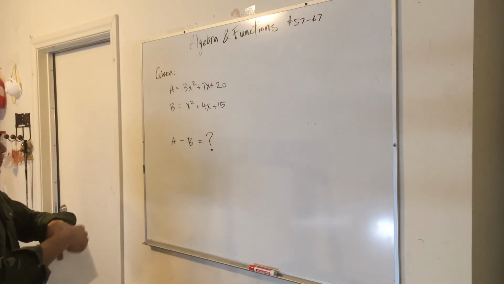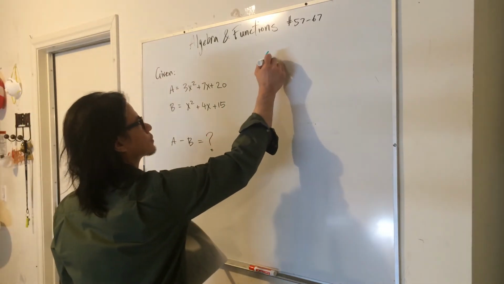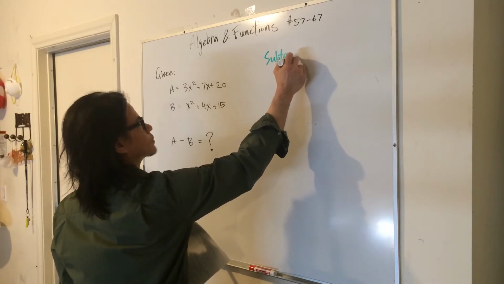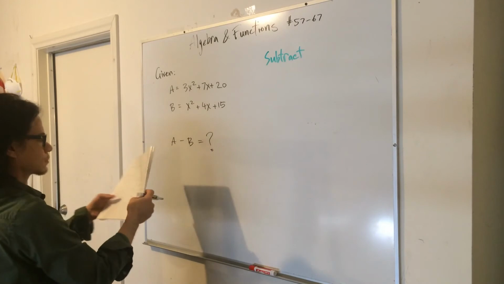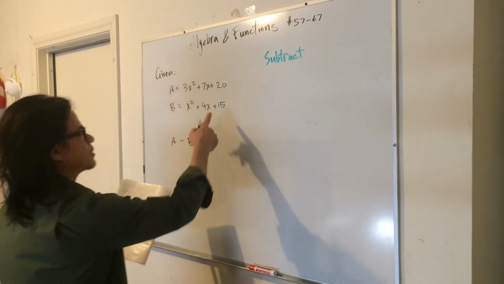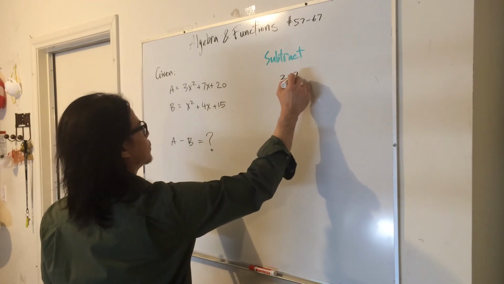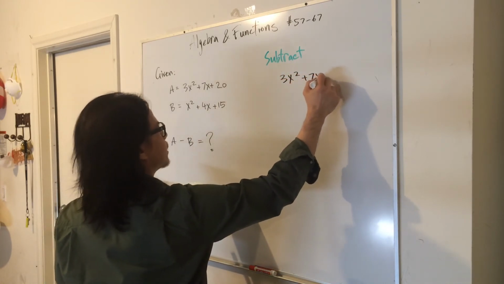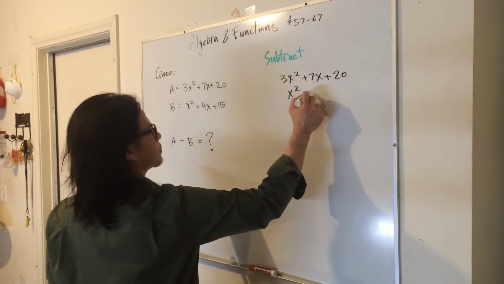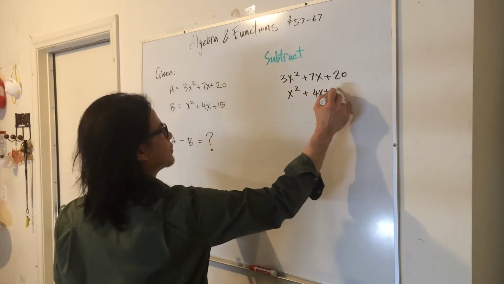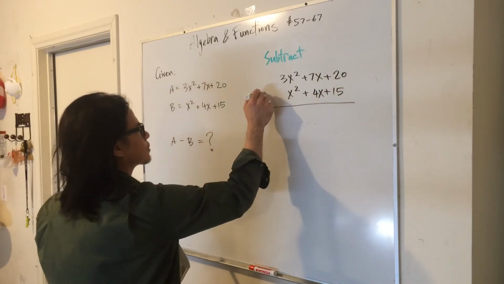Okay. We're going to subtract. Right? So let's take these two guys here. I'm just going to rewrite it on the right side here for you. Plus 7x plus 20, x squared plus 4x plus 15. Okay? Straight up subtract.